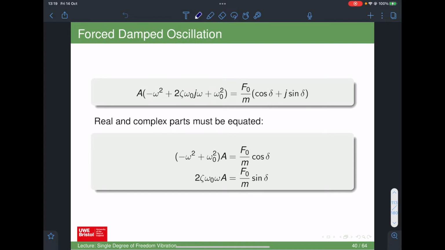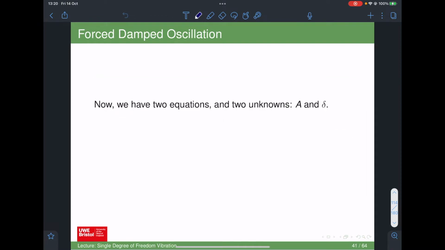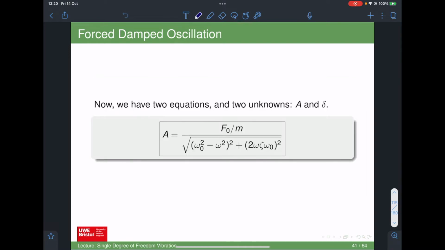So what you can do now is go through the motions, doing the simultaneous equations to find those two unknowns. But I'm not going to bore you with the details because it's just algebra, and we end up with two terms. This is for the amplitude.